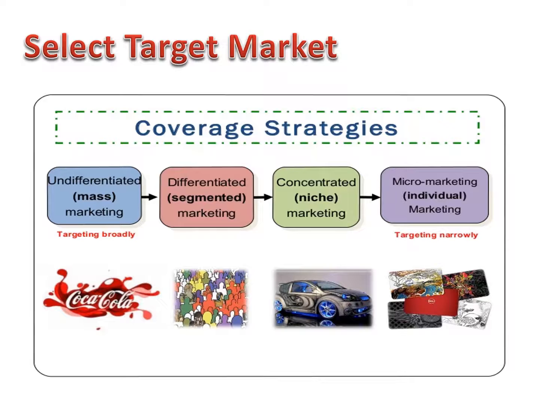Then the last one is micro-marketing, and that's when a firm tailors a product or service to suit an individual customer's needs. It is undertaking an extreme form of segmentation called micro-marketing, or one-on-one, one-to-one marketing.